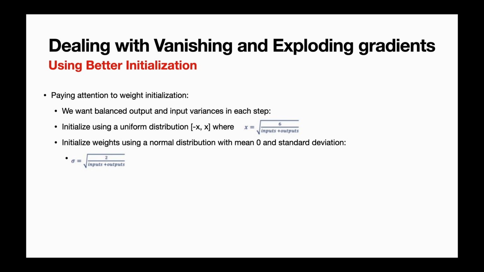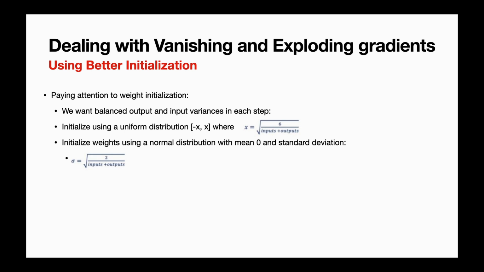So they proposed 2 initialization methods. Depending on the number of inputs to each layer and outputs going out of each layer, we can either use a uniform distribution, with the weights going from a negative number to a positive number, and that number is the square root of 6 divided by the number of inputs and outputs.